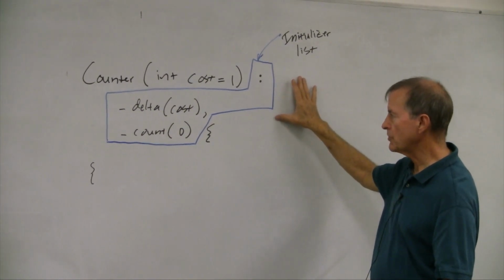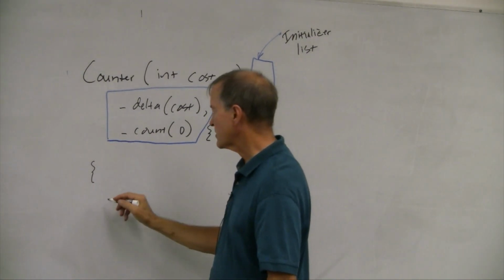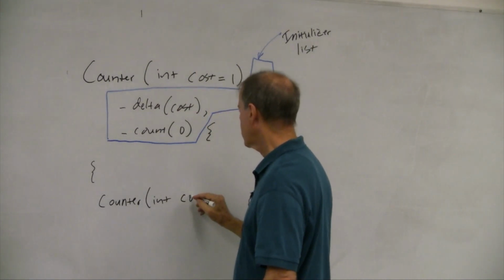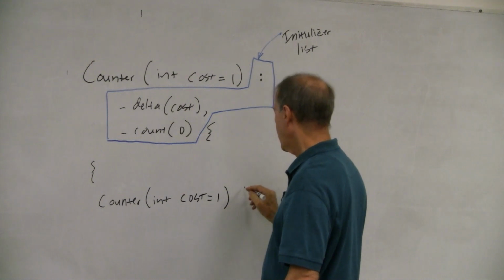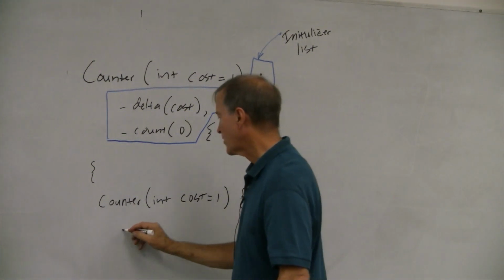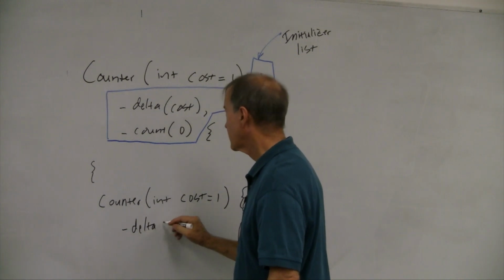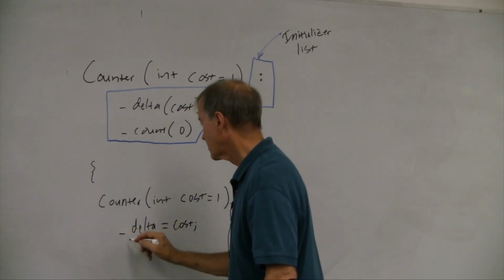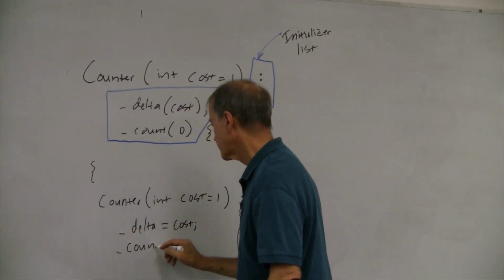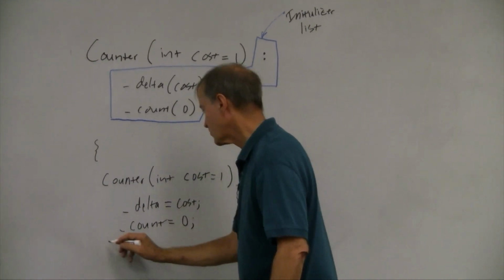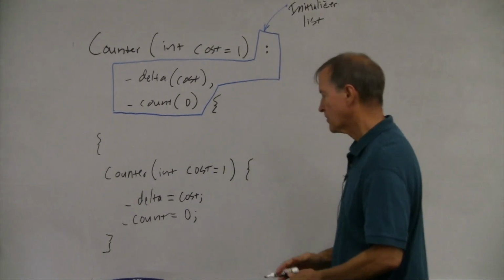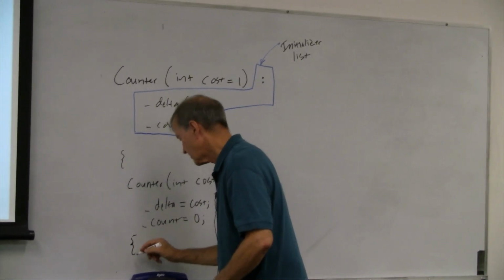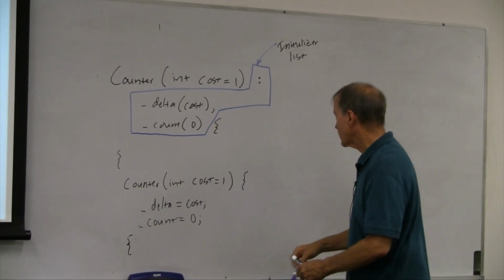And it is equivalent to this: Counter, int cost gets 1, open brace, and then underscore delta gets cost, this is an underscore, and underscore count gets 0, and then close the brace. Okay, so it's equivalent to this.